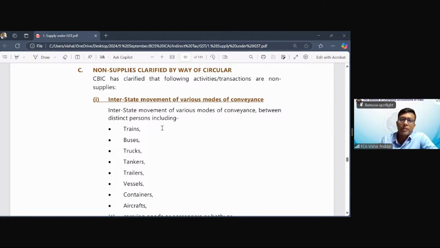Now, as we have discussed earlier also, if I have multiple places of business in different states, I have to register each place separately. So I have one registration in Maharashtra, one in Gujarat, one in Hyderabad, one in your MP, one maybe in your Delhi, etc. So I am a distinct person because I have these many registrations. Now, we read Schedule 1, where Schedule 1 said that where any goods are supplied between distinct persons, it will be a deemed supply, even though there is no consideration.